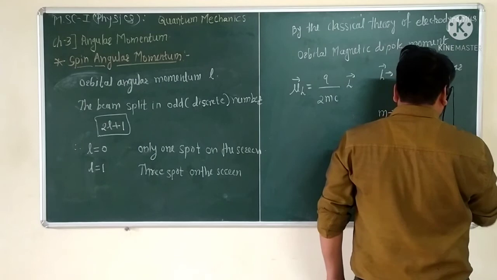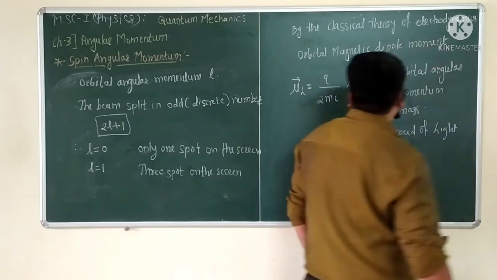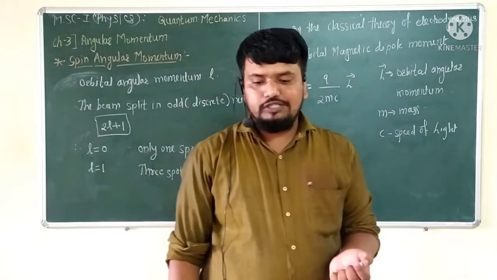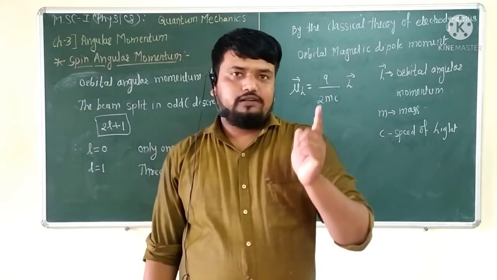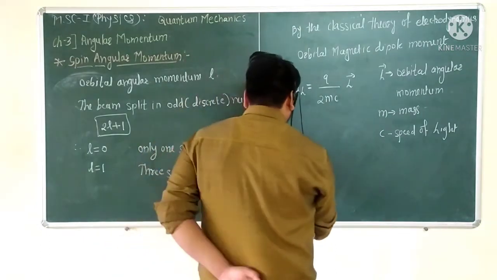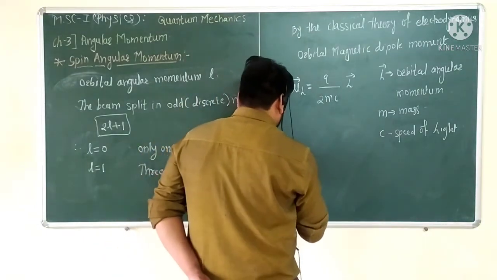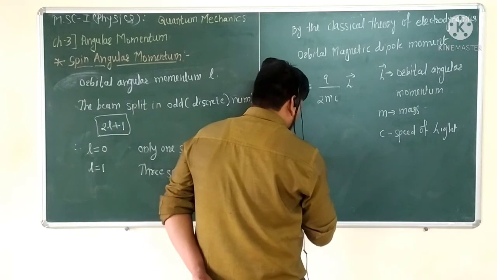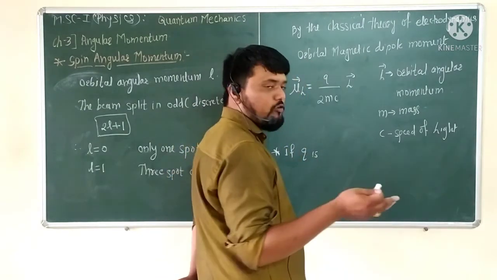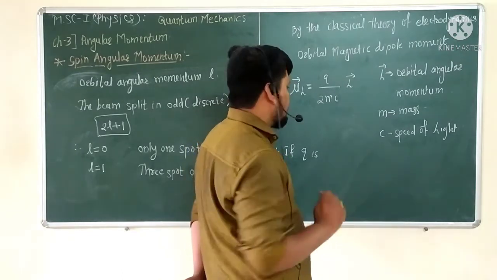Okay, and if this charge q is positive, then mu l and l will be in the same direction. Why q? Because this is the classical theory of electromagnetics, where charge is there.